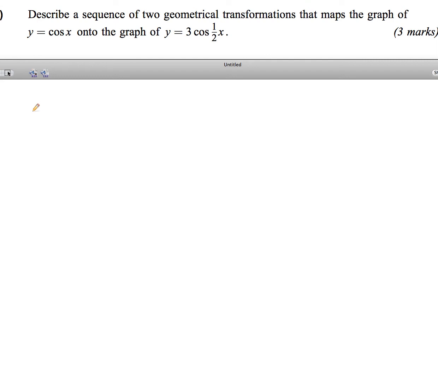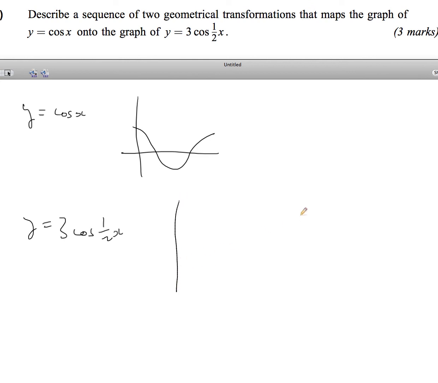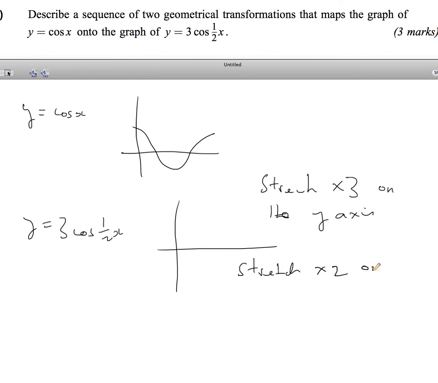Well, y equals cos x is that, y equals 3 cos a half x is going to be 3 times taller, so it's a stretch by 3 on the y-axis, and then it's a stretch by 2 on the x-axis.